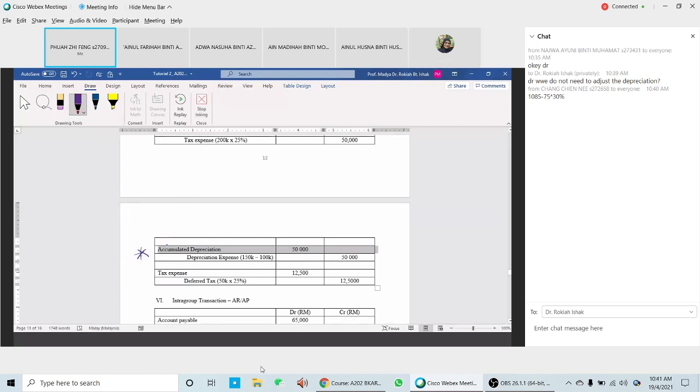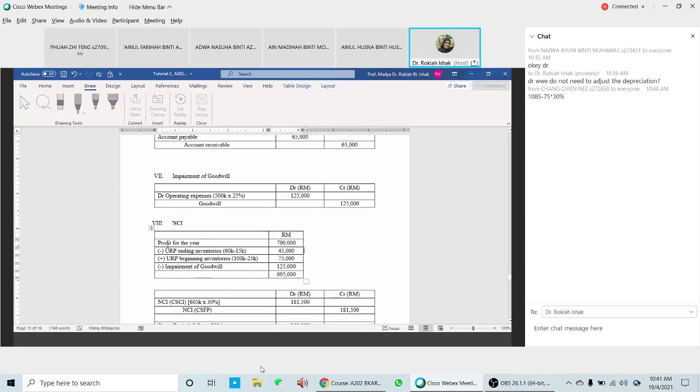Okay, so depreciation expense, so 50. The profit for the year, 700 here. So the RP is already done, beginning inventory done. Impairment of goodwill.